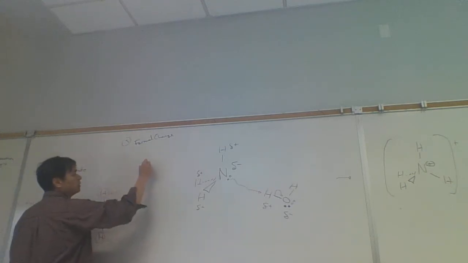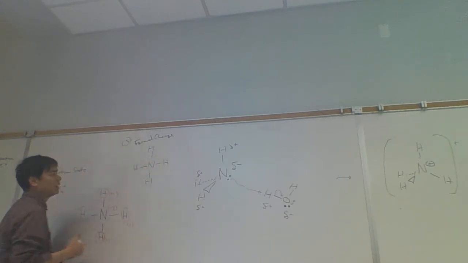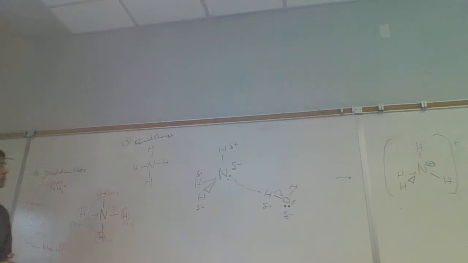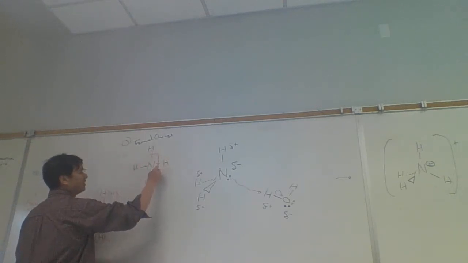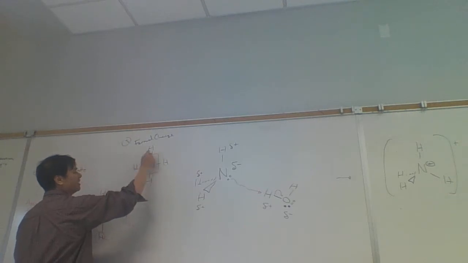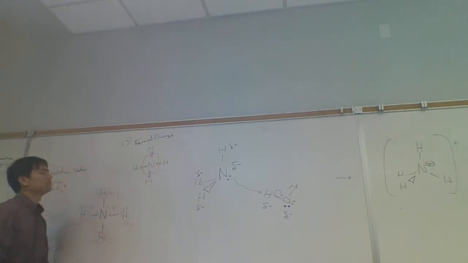In formal charge, we do the same. We split the bonds. With formal charge, we split the bonds down the middle, such that one electron ends up with nitrogen, and the other electron ends up with hydrogen in all the bonds.